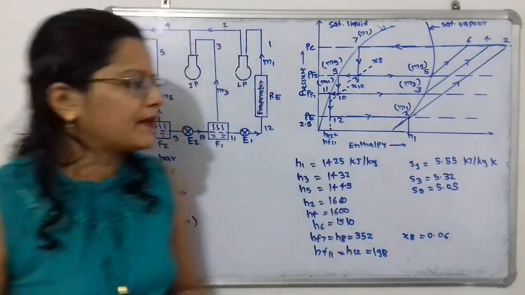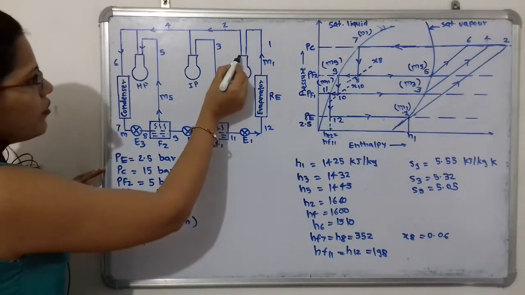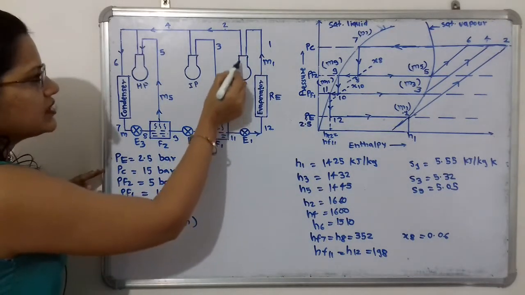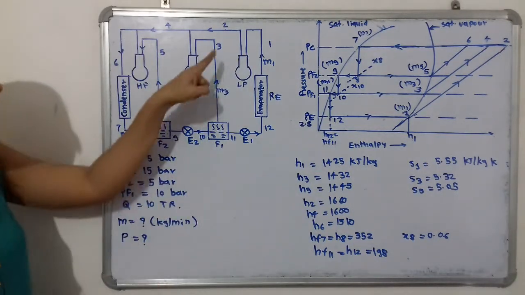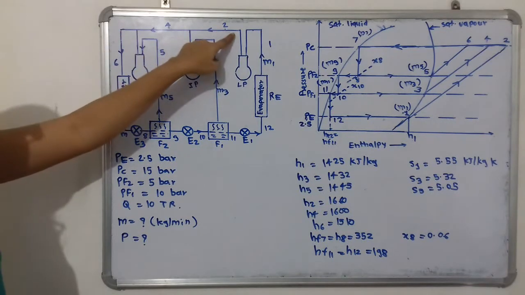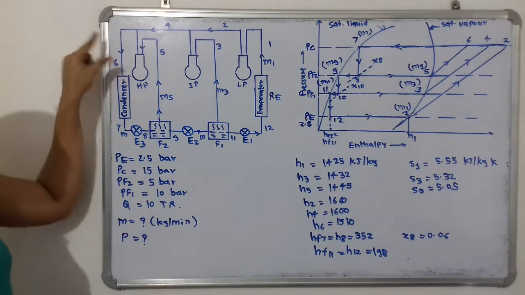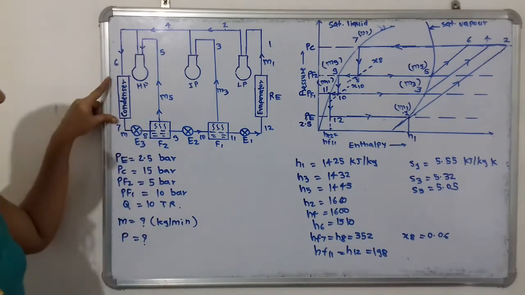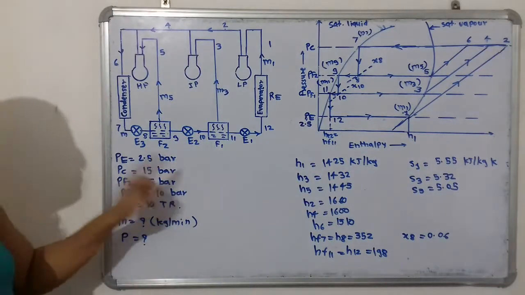Now what is happening in this three-stage compression system? Compression is taking place up to the condenser pressure. If we observe, the refrigerant is entering directly into the condenser. So here we have to compress up to the condenser pressure, which is 15 bar.